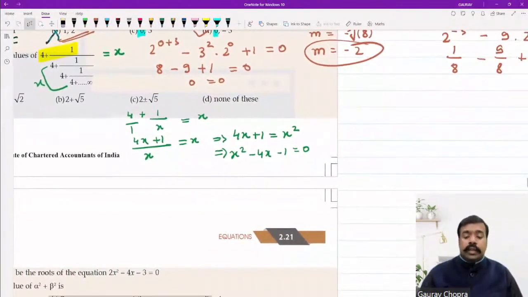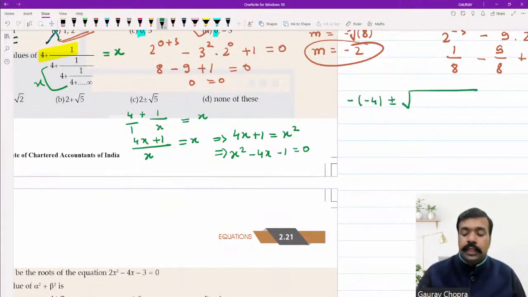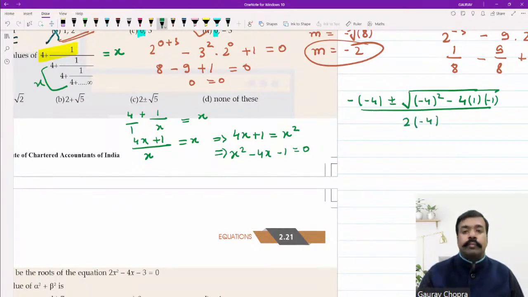we can solve it by Sridhar Acharya method. So minus b plus minus root of b square minus 4ac divided by 2a. So 2 into minus 4.